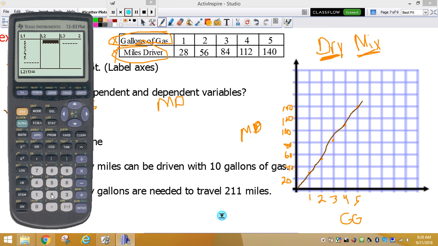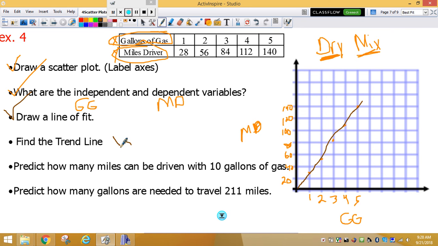I'm going to type in 28, 56, 84, 112, 140. You go back to Stat. You go over to Calculate, Linear Regression. So y equals 28x plus 0. Oh, that's a nice one with no decimals. Y equals 28x plus 0.